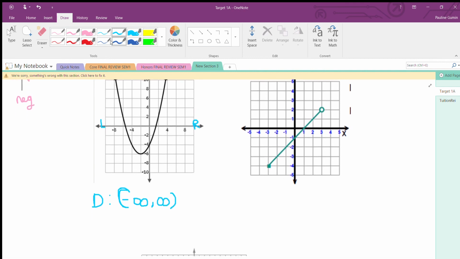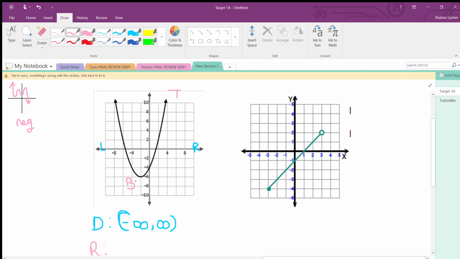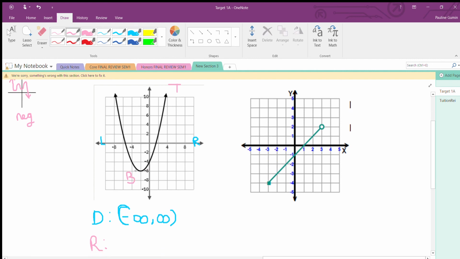Okay, next, let's talk about the range. Range talks about our y's. We go from the bottom to the top. Okay, well, what's our bottommost y? Our bottommost y is a -6.